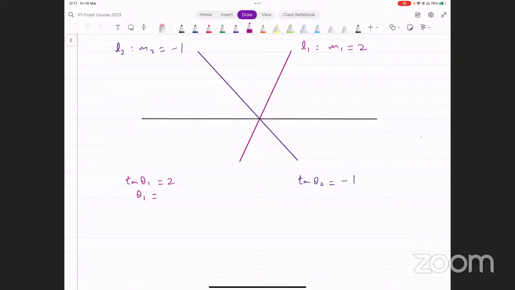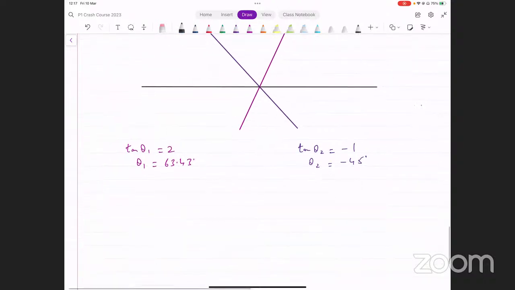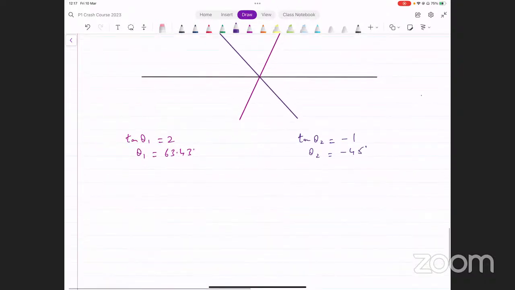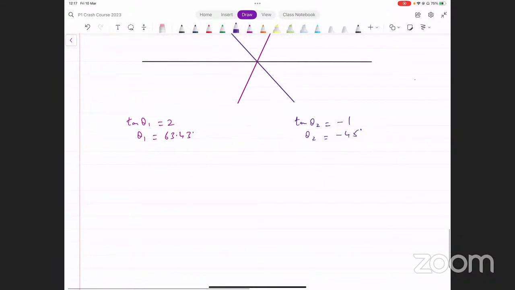So θ1 turns out to be 63.43. And θ2 turns out to be tan inverse of -1. That would be -45 degrees. Now, again, all you have to do is just do this directly. Theta is just going to be θ2 minus θ1. Don't change the sign yet. Keep the sign the same.